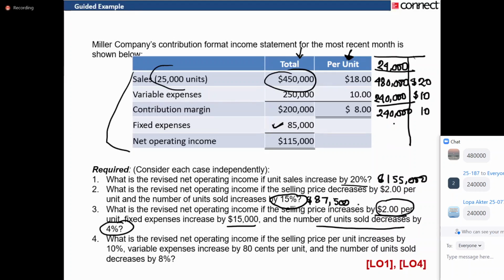So again, the fixed expenses, it is no longer same as before. There's information that it will go up by $15,000. So now the revised fixed expenses will be 100,000. So it is to be 140,000. So you see that revised net operating income is now 140,000.